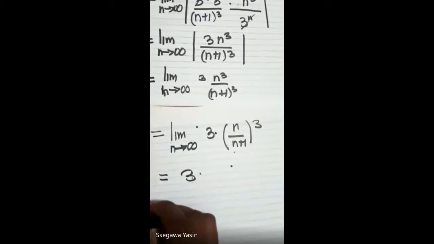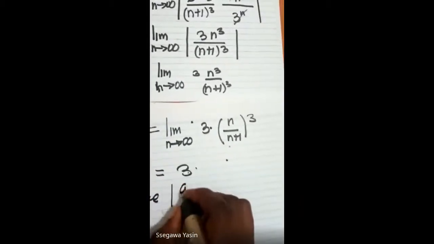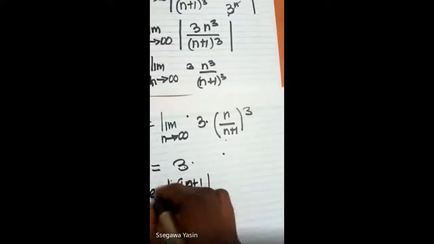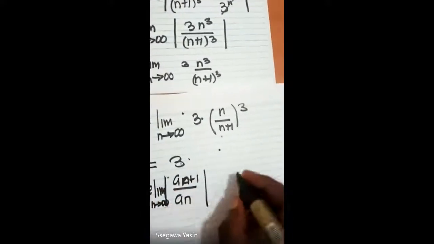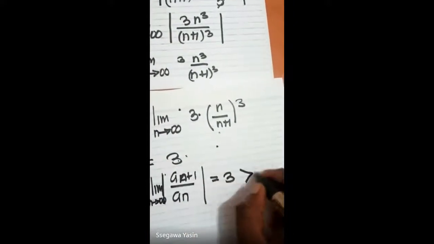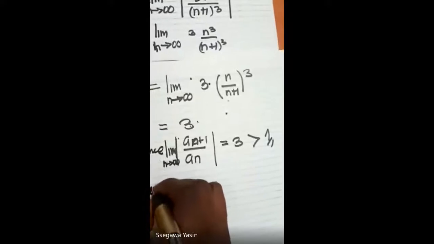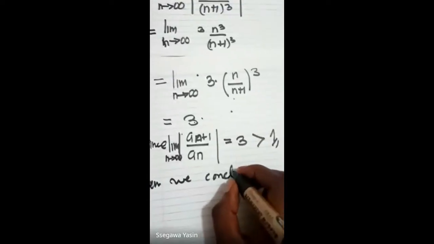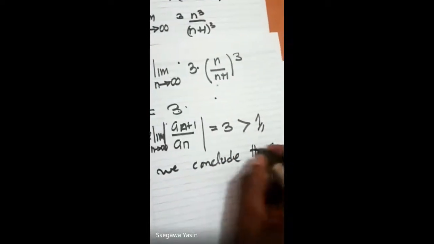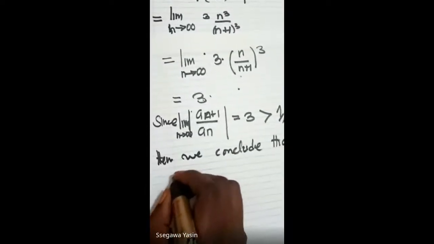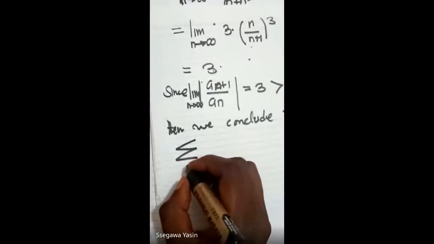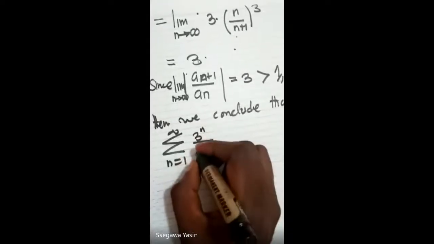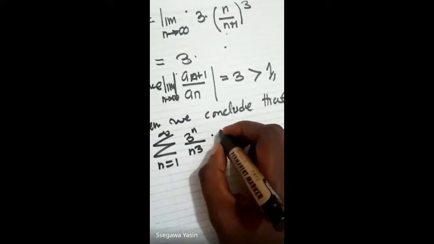Since this is a_k or a_{n+1}, by magnitude, the limit as n goes to infinity is equal to 3, and it is greater than 1, then we conclude that this series, this is 3^n, is divergent.